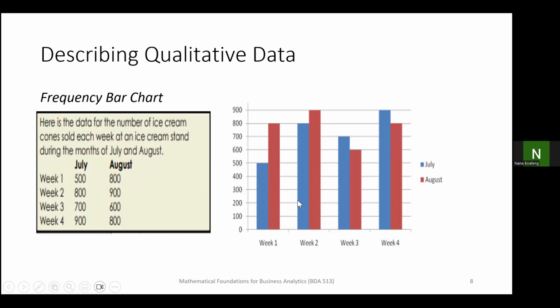For week 2, the count is 800 and then 900 for July and August. And we do that for week 3 and then week 4. So here, we are describing the qualitative data by counting the number of times something is sold. So this one gives us the count.